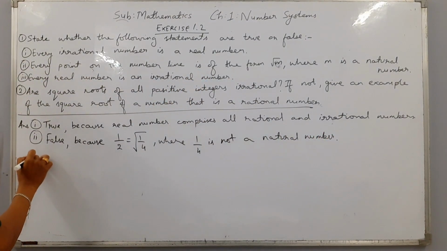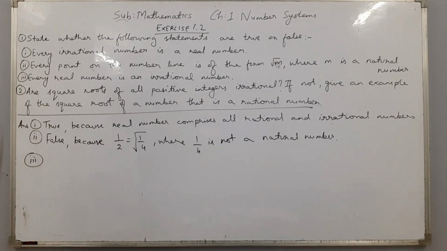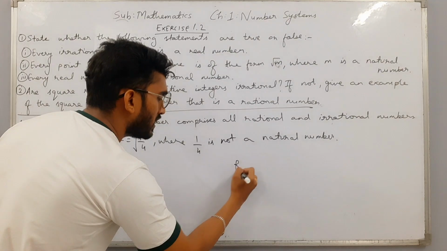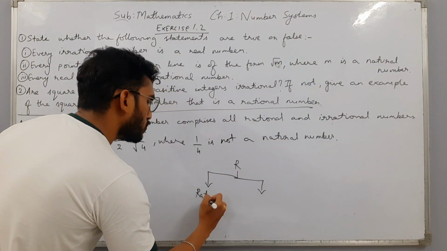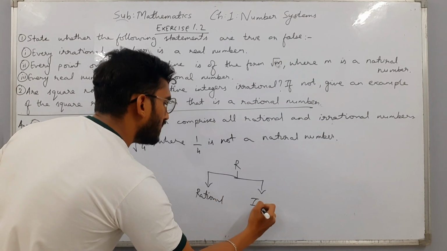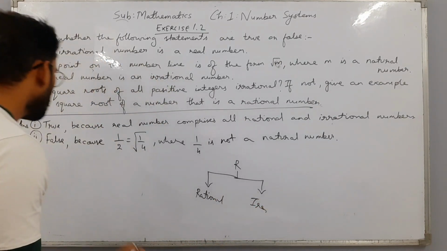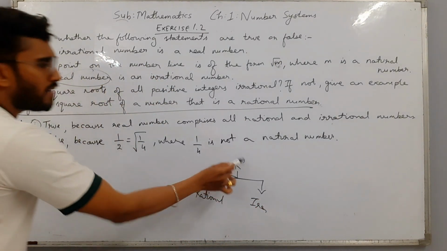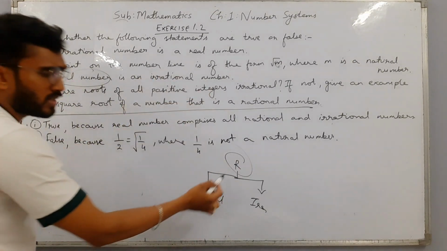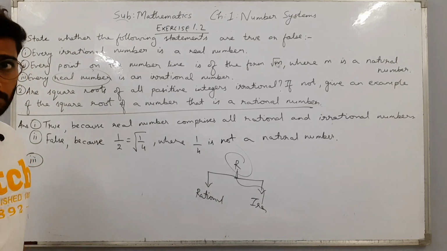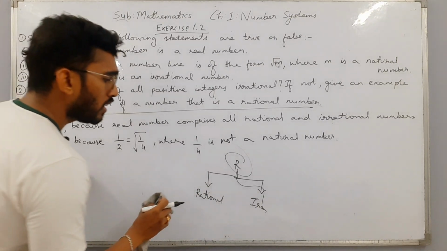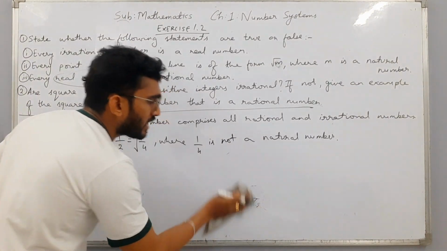The third question is: every real number is an irrational number. We saw in the first question that every real number is categorized into rational and irrational numbers, right? So is every real number an irrational number? No, it is not just irrational; it is also rational, which is different from irrational numbers.